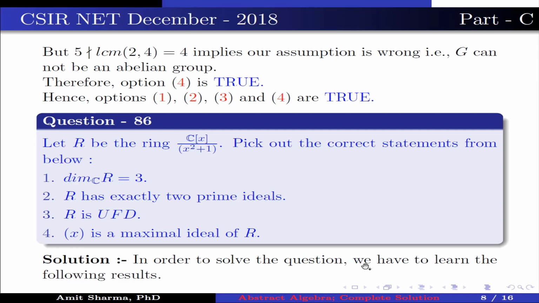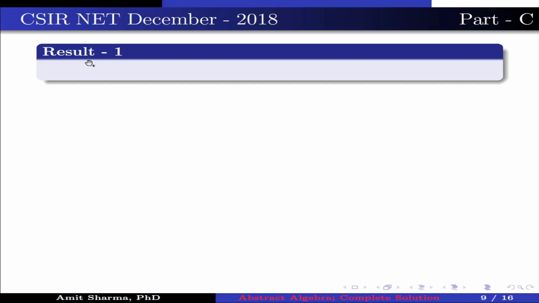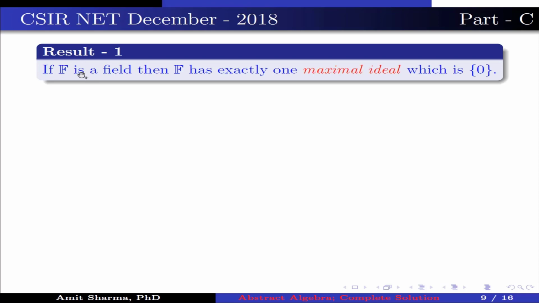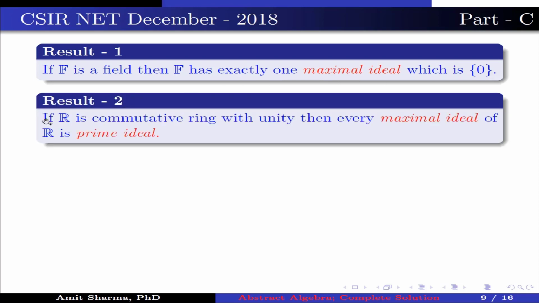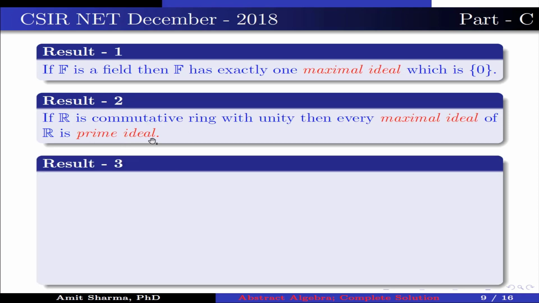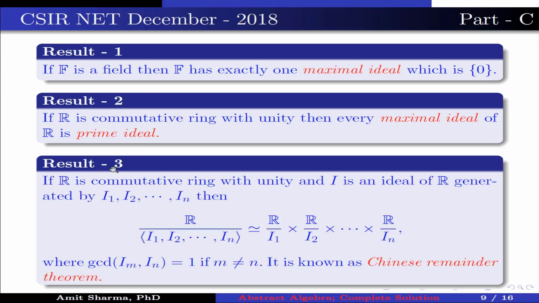In order to solve the question, we have to learn the following results. Result number 1. If F is a field, then F has exactly one maximal ideal, which is 0. Result number 2. If R is a commutative ring with unity, then every maximal ideal of R is a prime ideal. Result number 3.